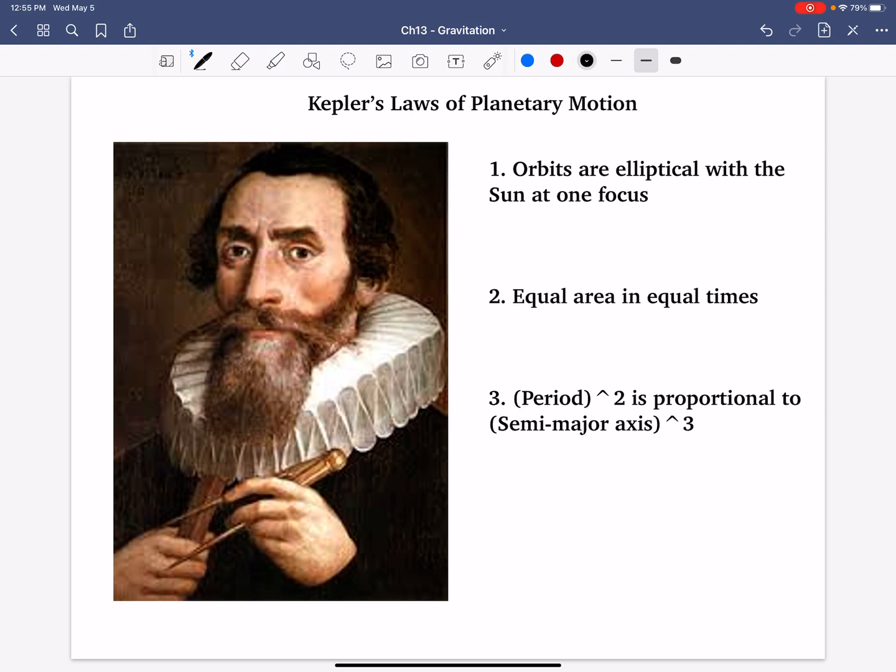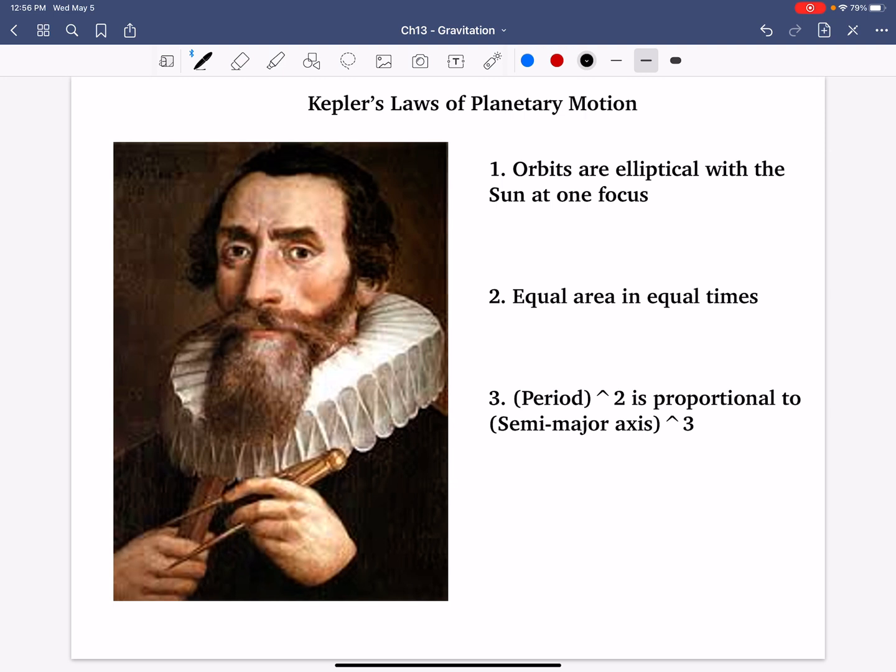But a little bit later, Kepler studied Copernicus's work, and he studied under another guy named Tycho Brahe, who was a Danish astronomer of the time. Kepler used Brahe's observational data of the orbit of Mars around the sun.